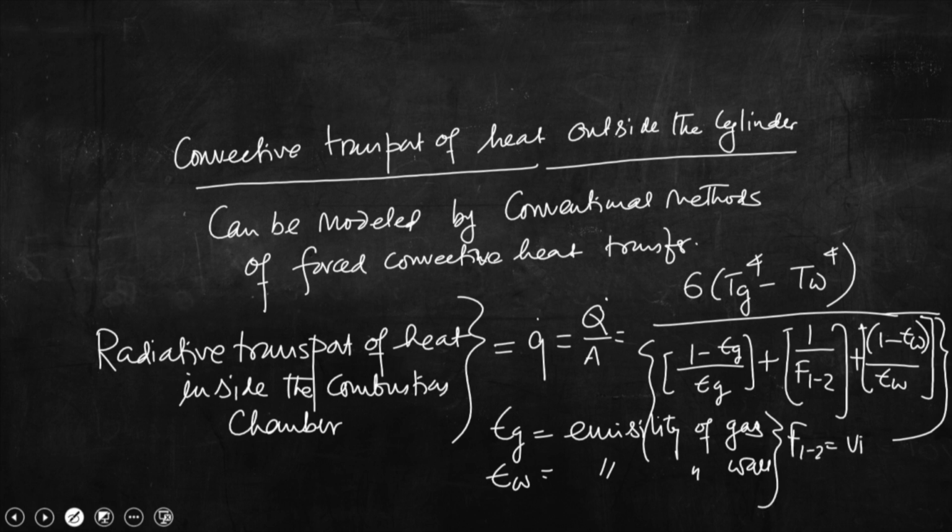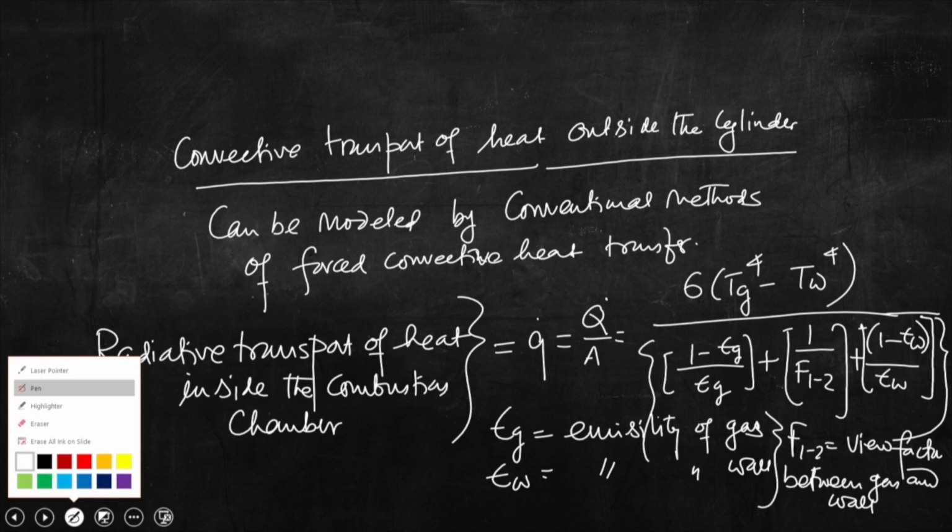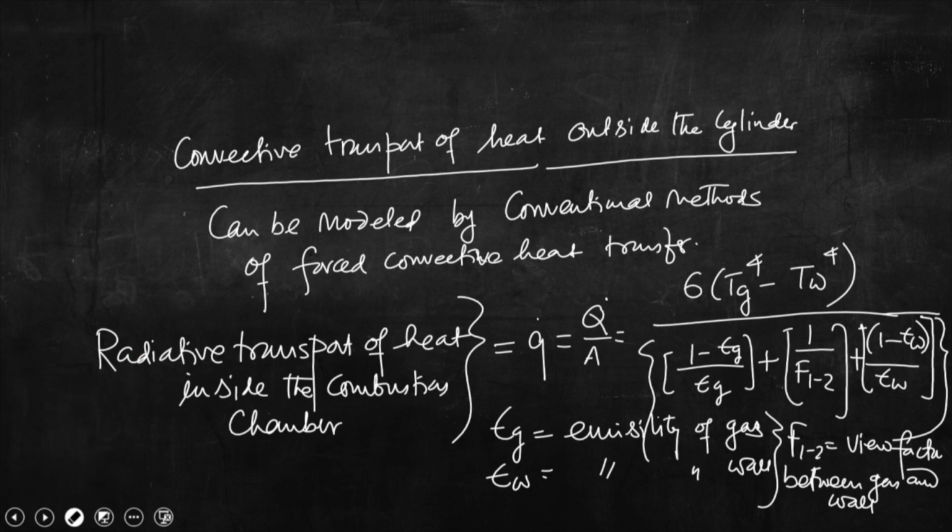F12 is the view factor, that you have studied in the undergraduate heat transfer course, between gas and wall. Instead of writing F12, it would be right if I write F GW. So, this is the radiative transport of heat.